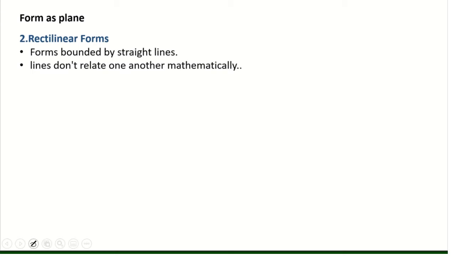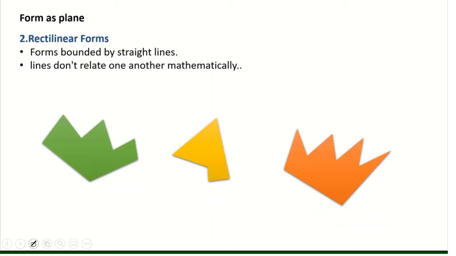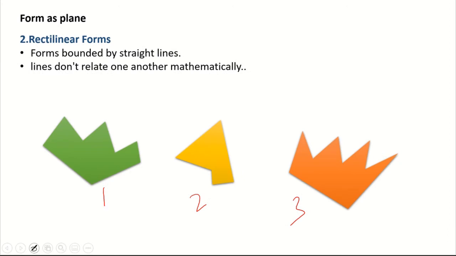Of course, the bounding straight lines do not relate to one another mathematically. Suppose we see certain shapes, 1, 2, and 3. These shapes are made of straight lines, but they don't have any relation among these lines.